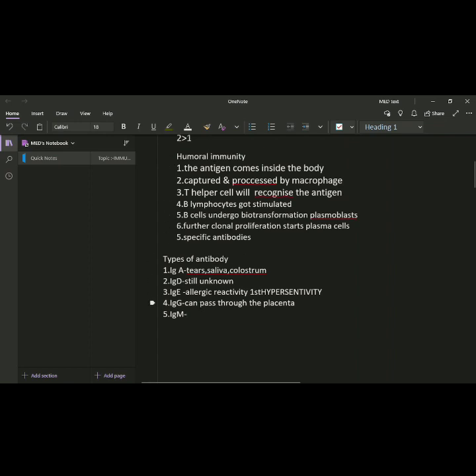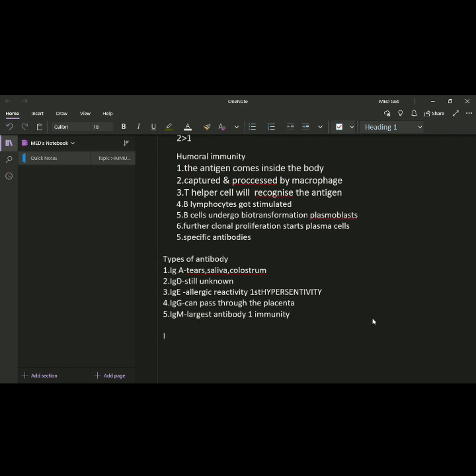The main antibodies produced in humoral immunity are IgM and IgG. So IgM is the largest antibody synthesized during the primary immune response.